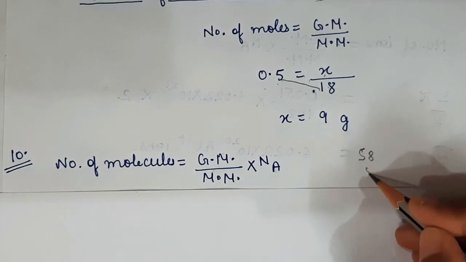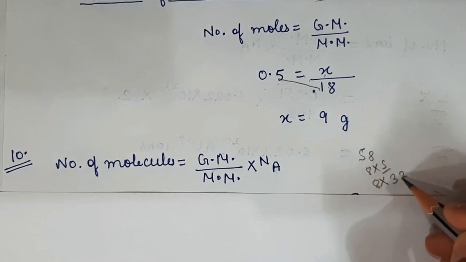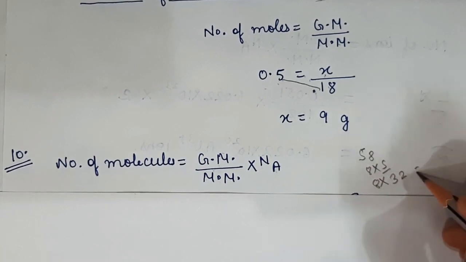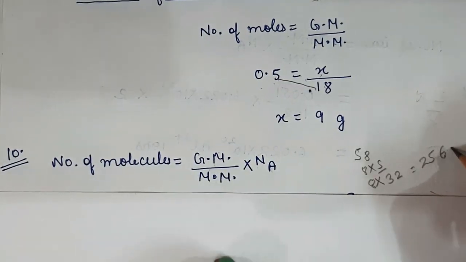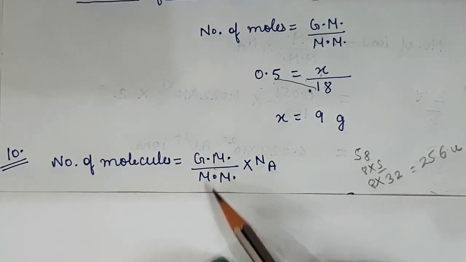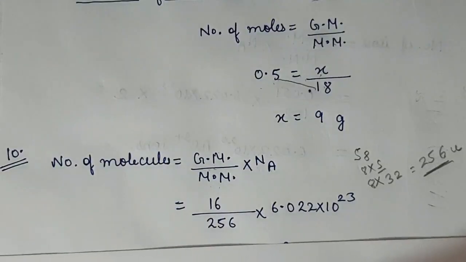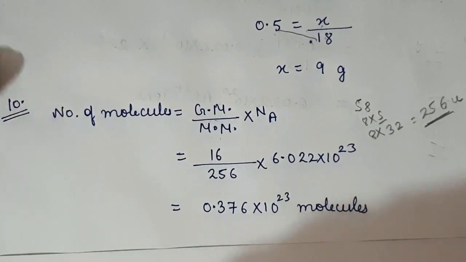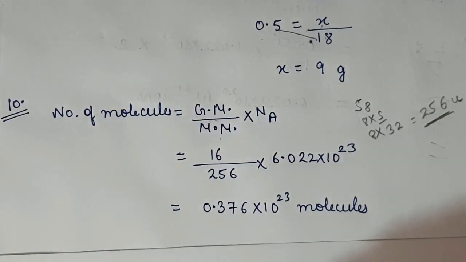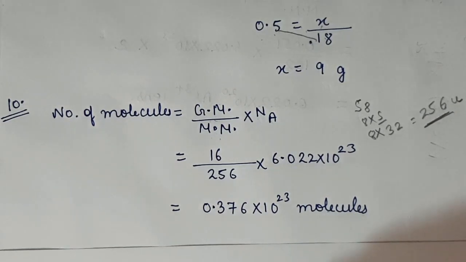S8 means 8 times of sulfur, and what is the atomic mass of sulfur? It is 32. So 32 into 8, that will be 256 u. So given mass 16, molar mass 256, Avogadro's number you know, 6.022 into 10 to the power 23. So just simplify it. You will get your answer, that is 0.376 into 10 to the power 23 molecules. Because molecules are asked, so that's why I have written molecules. So this was question number 10.